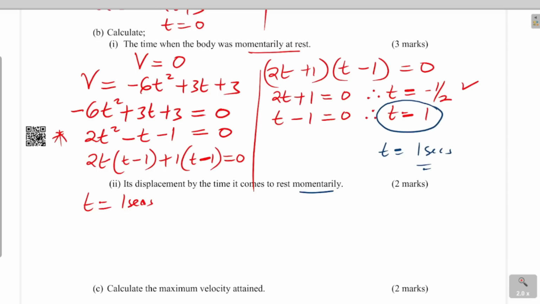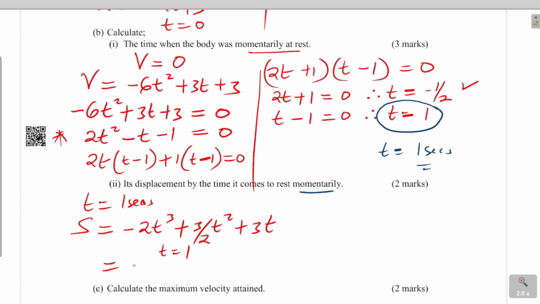So to get the displacement, we are going to take the expression for displacement, which you already have, negative 2t cubed plus 3 over 2 t squared plus 3t. And then we substitute t with 1 because that is the time when the body came to rest.